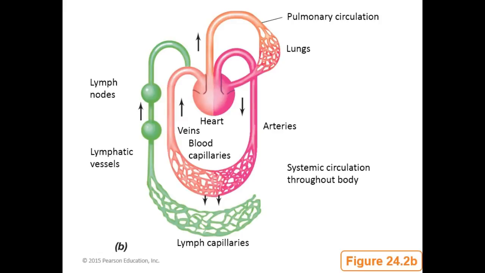So the two systems are intimate in this way and keep a check on each other. This is where antibodies would be circulated into the bloodstream, and where materials could be leaving the bloodstream into the lymph, or vice versa, if they are stimulated to do so.